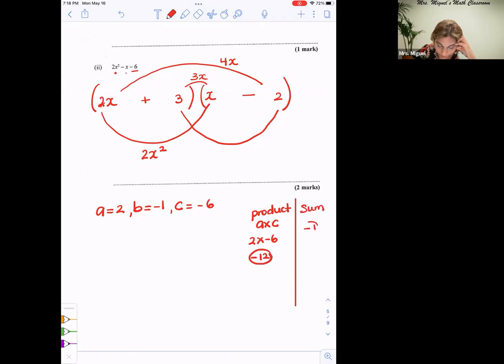is -1. The factors of 12: 1 by 12, 2 by 6, 3 by 4. You have to choose the factors that will give you -1. These are the factors. So for us to get -12, the bigger number must be negative.